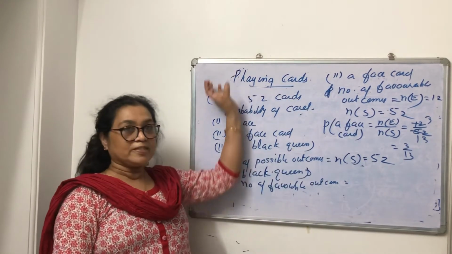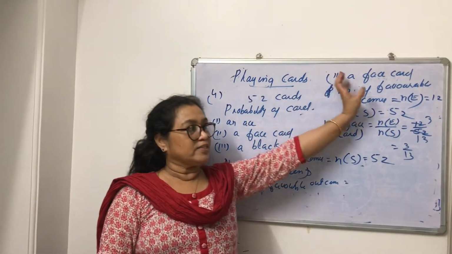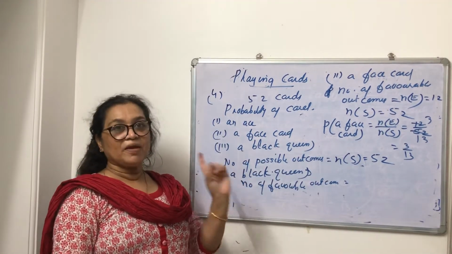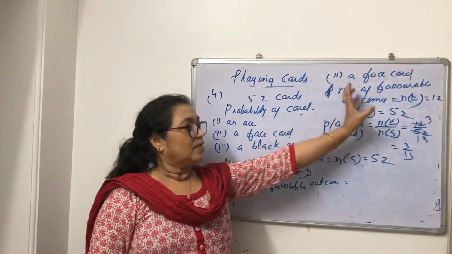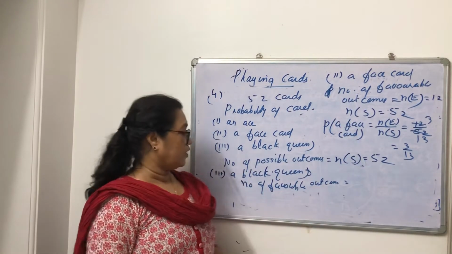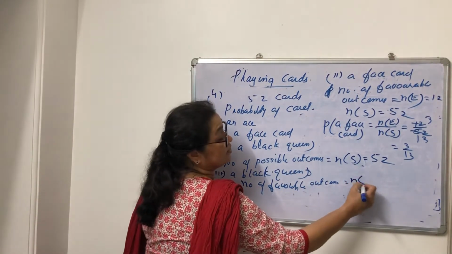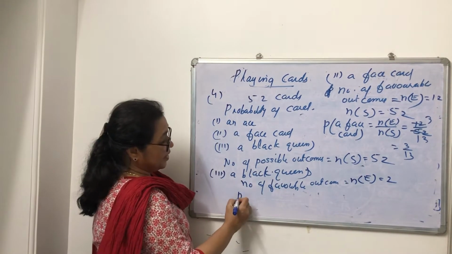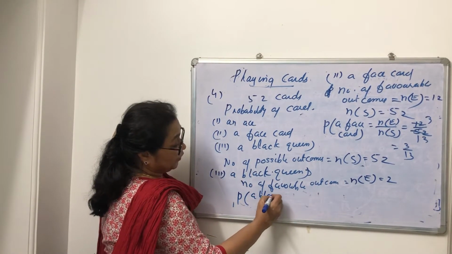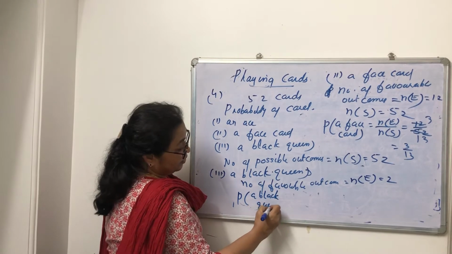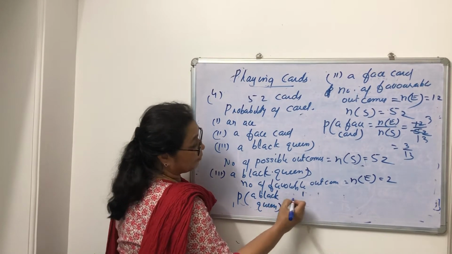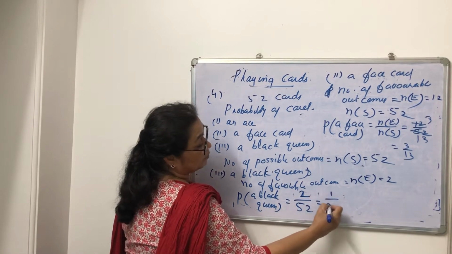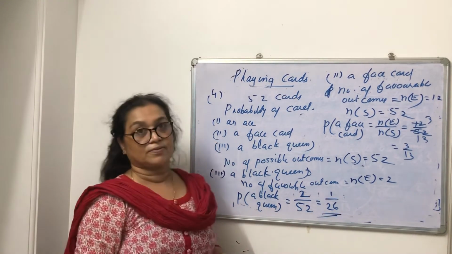One set is spades, another set is clubs. So spade means one queen, club means one queen. Therefore n(E) is 2. Then P(a black queen) equals 2 by 52. That is 1 by 26.